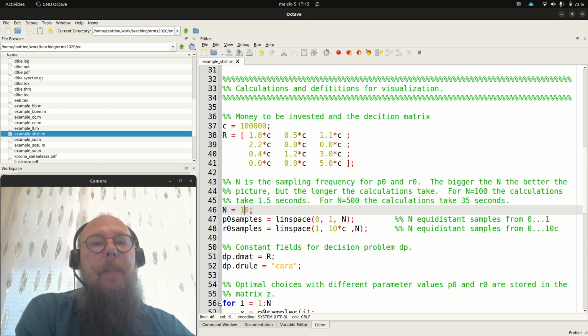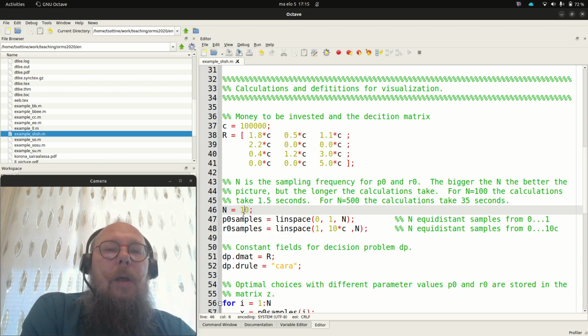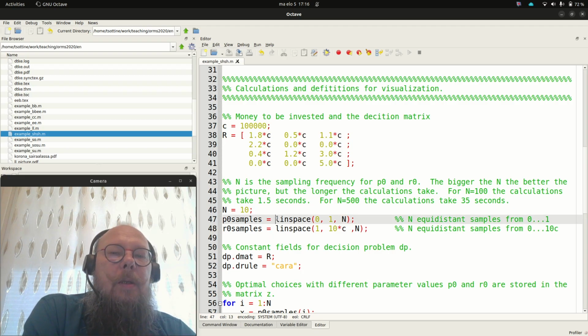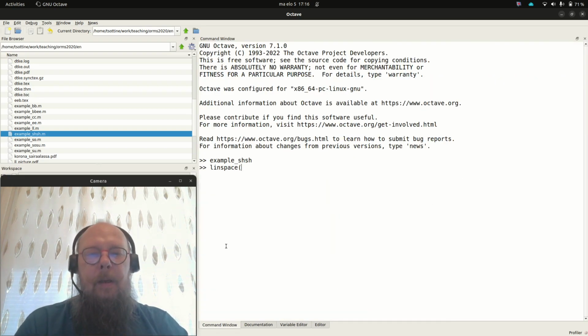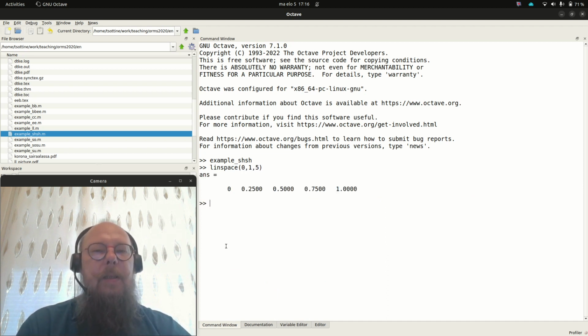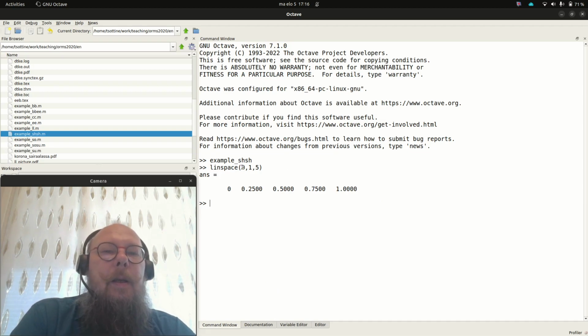So I take a sampling frequency N, so N equals 10, so then P0 samples, these are samples for P0. There is this Octave function linspace 0, 1, N. What does it mean? Well, I show you linspace from 0 to 1, say 5, for example, is like this. It takes values from 0 to 1 so that there are 5 values.